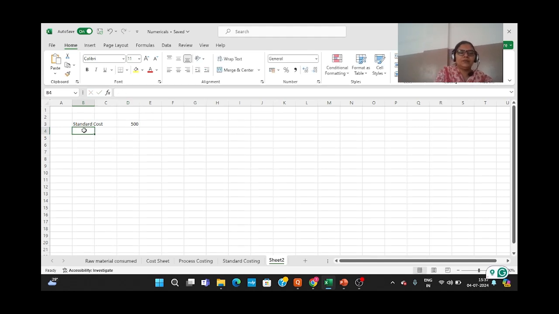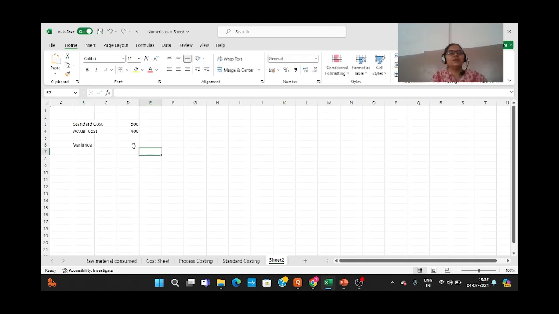But when actual production was carried on, the cost incurred was 400 rupees. So this 100 rupees is a variance.